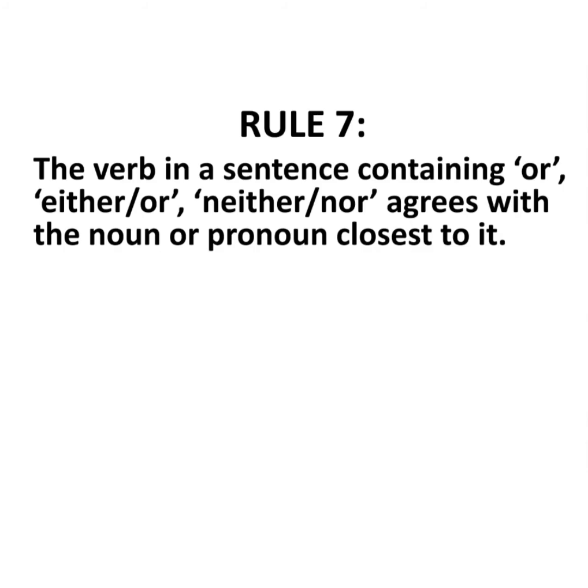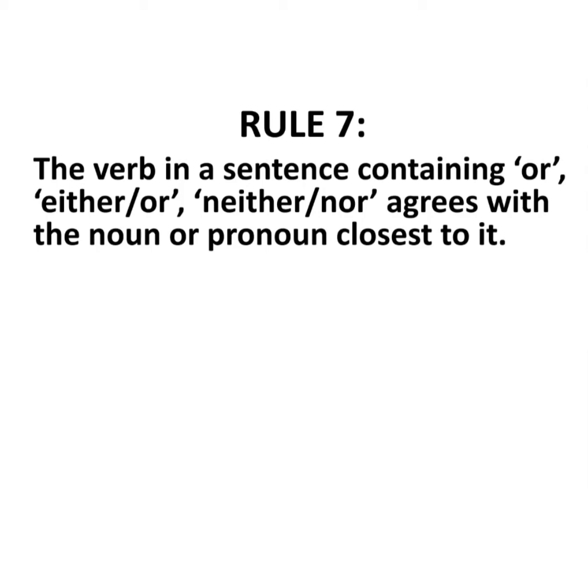Moving on to rule number 7. The verb in a sentence containing or, either or, neither nor agrees with the noun or pronoun closest to it. So the verb in a sentence which has either or, neither nor agrees with what? The noun or the subject or the pronoun that is closest to it.